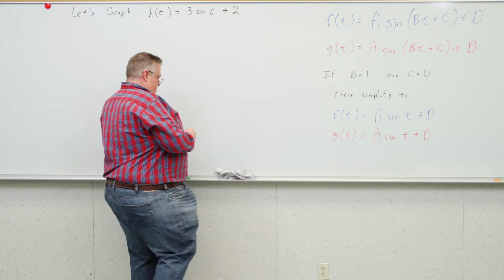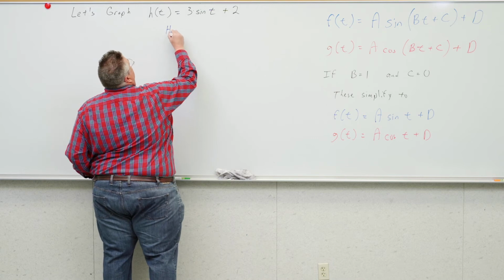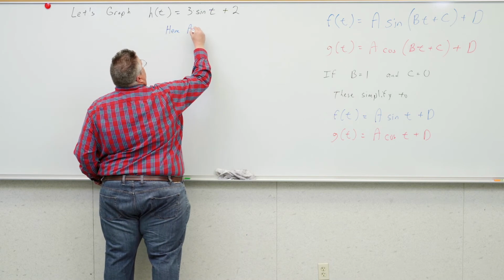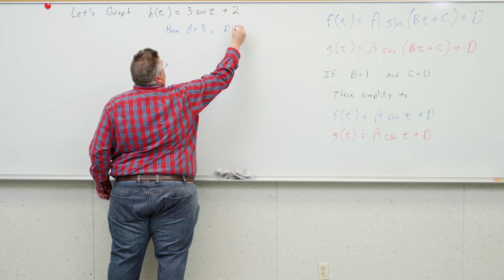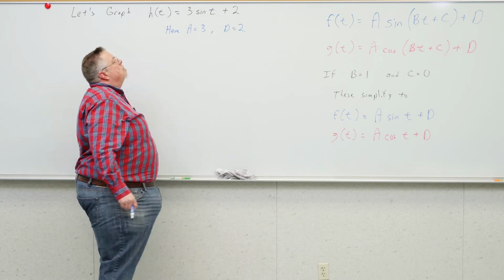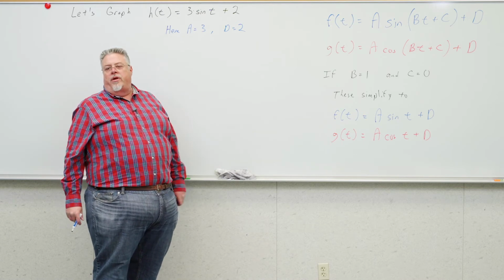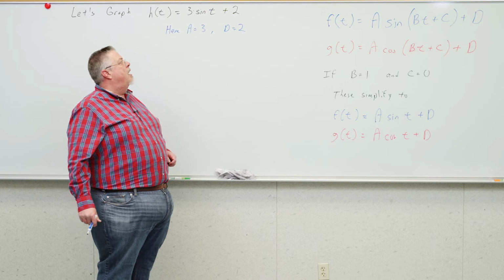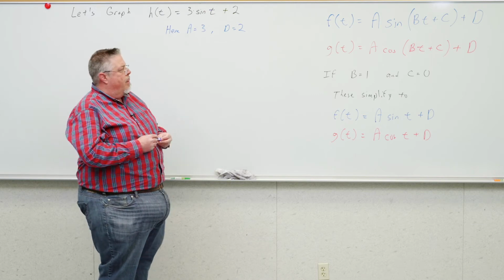So here, A is 3, D is 2, and again, I'm leaving B and C at 1 and 0, so they're not really doing anything. They're not getting in my way right now. These are the only two parameters that I'm using right now.